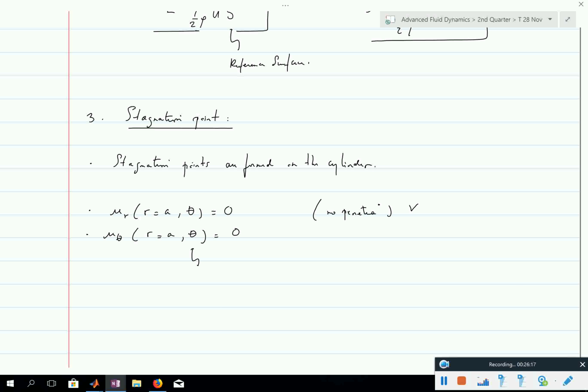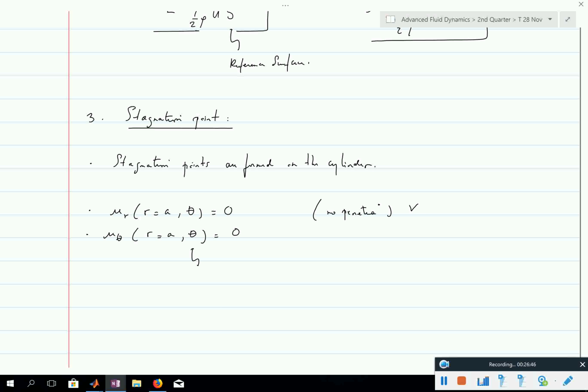We expect that once we write this condition correctly. In an exam, always anticipate what you expect. Here, we're trying to find stagnation points. You kind of know there are 2. The stagnation point equation is given by the fact that the circumferential velocity is equal to 0, and you expect 2 solutions, 2 thetas, which will tell you where your stagnation points are.